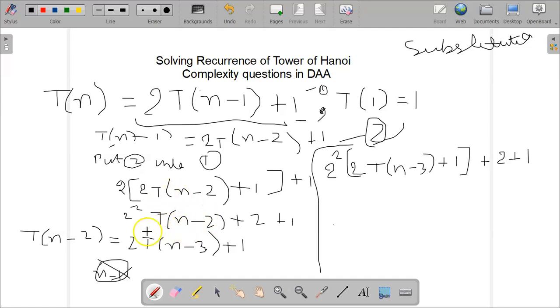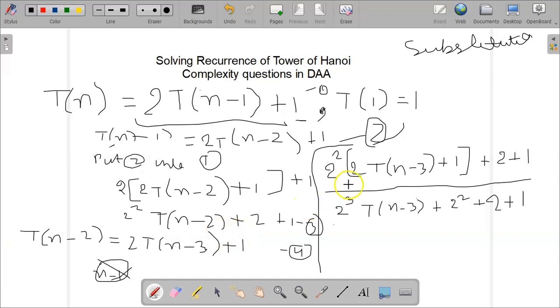When we put the value of T(n-2) into this third equation, and say this one is the fourth equation, we get 2 square into 2 times T(n-3) plus 1, and outside the bracket plus 2 plus 1. Now when we open the bracket, it becomes 2 cube T(n-3), then this 1 gets multiplied with the 2 square, so 2 square plus 2 plus 1.